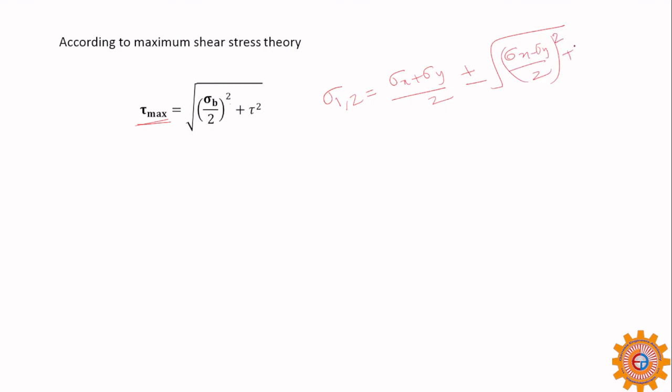This is the basic equation for finding the principal stresses, the maximum and minimum principal stress. This is maximum, this is minimum, the normal notation we usually follow. According to that, the square root part we call the maximum shear stress.